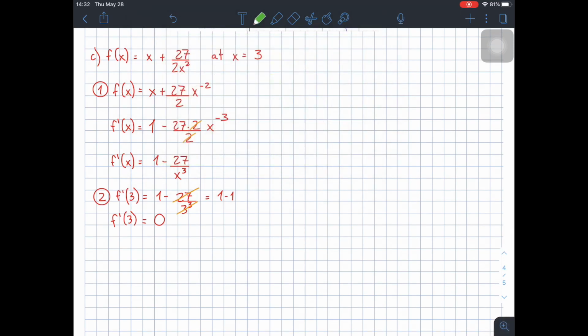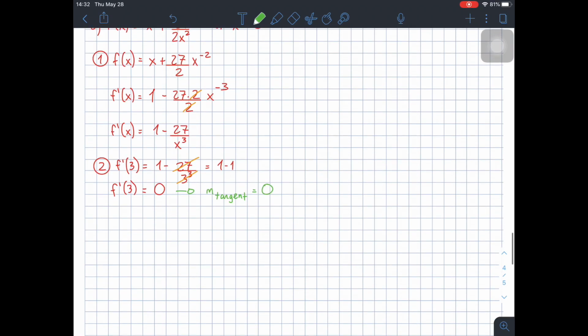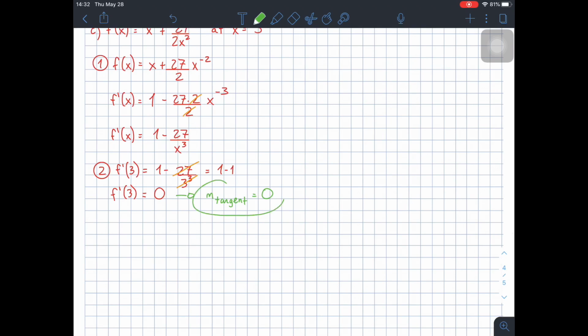That means that the slope of the tangent line is equal to 0. If you remember from when we studied lines, whenever we have a line with slope 0, we're talking about a horizontal line. So we should know by this information that the tangent is a horizontal line.